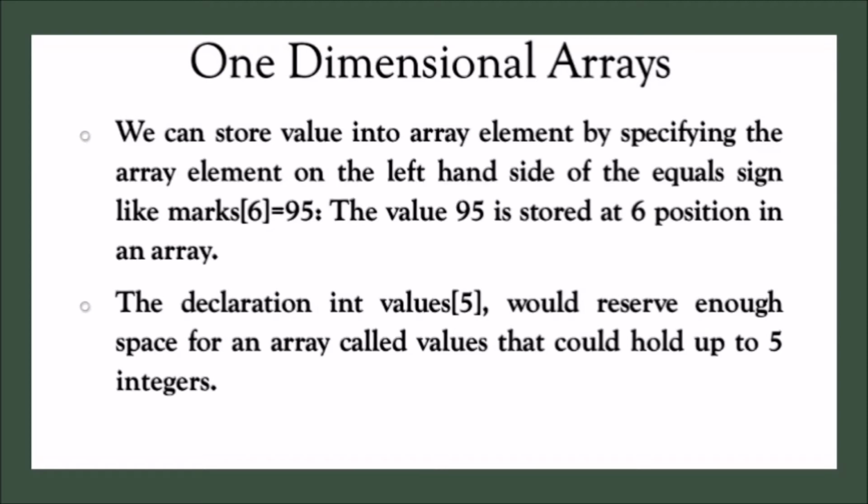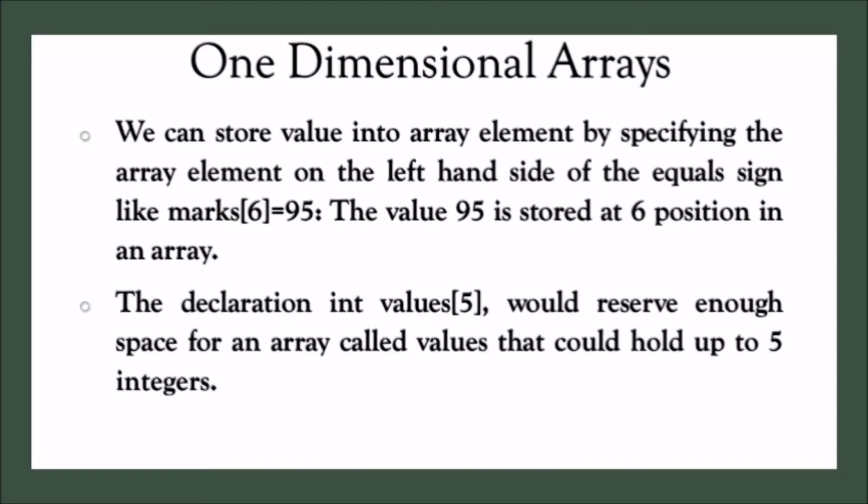So basically we store 95 in the array named marks at position 6. So the value 95 is stored at the 6th position in the array.